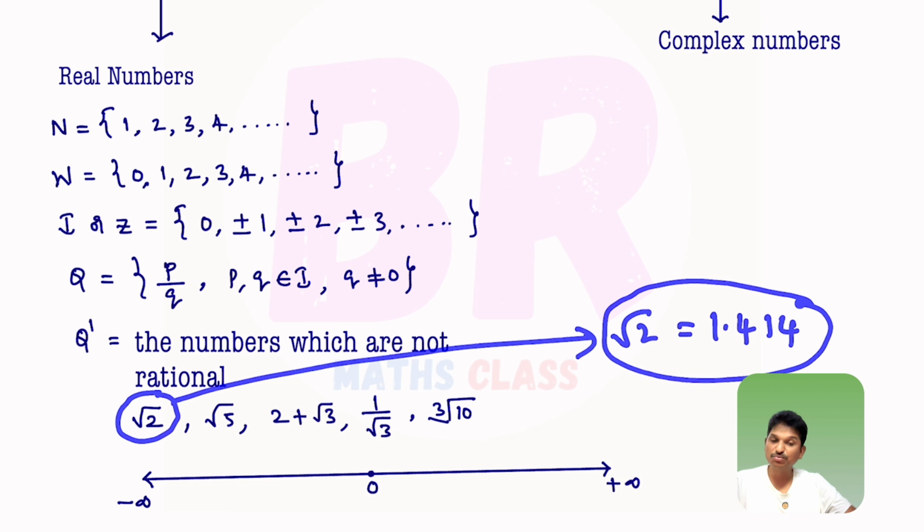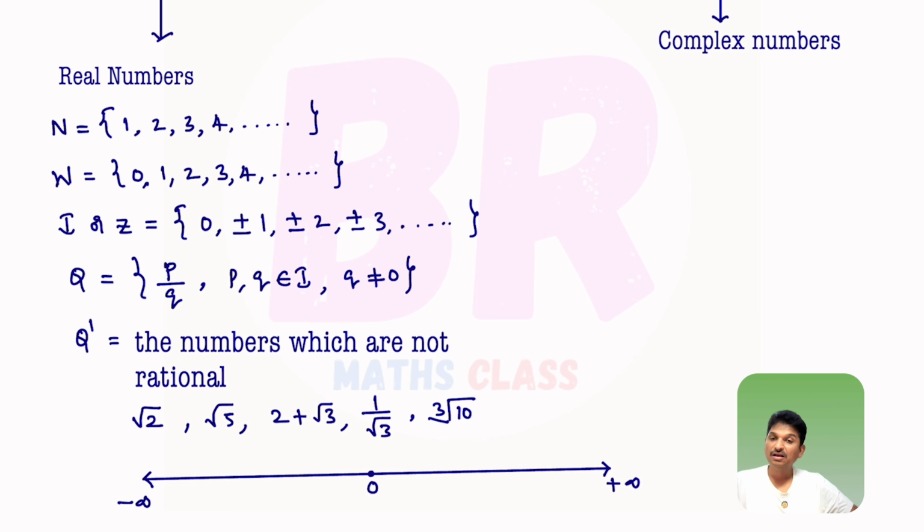Root 2 value is 1.414. Can we mark this on the number line? Yes, 1.414, somewhere here you will get. That is root 2, right? You want to mark 10.5. Yes, we can mark it somewhere here, it will be 10.5, right? Whatever numbers we can mark on the number line are known as real numbers.